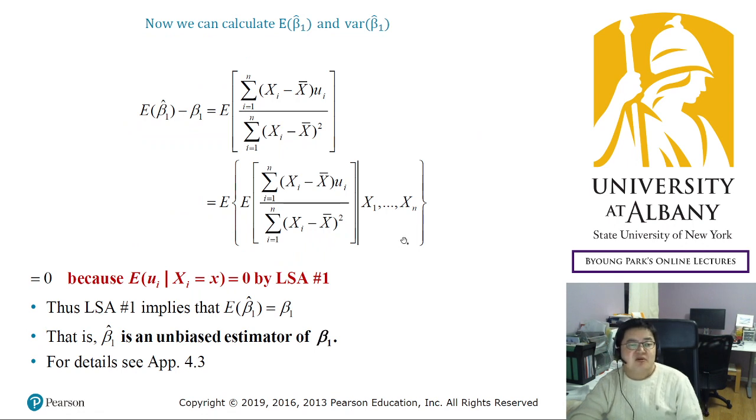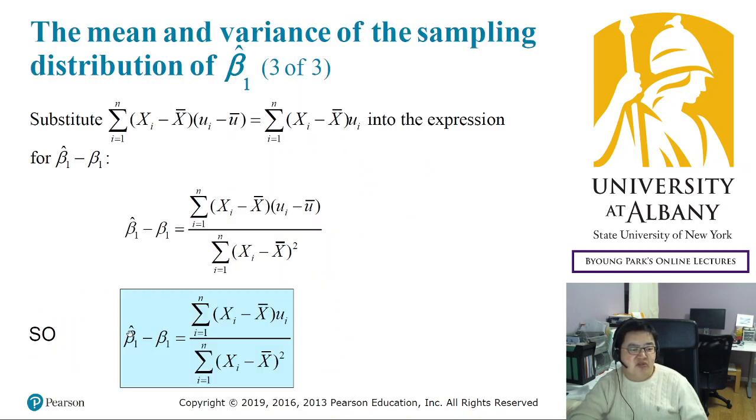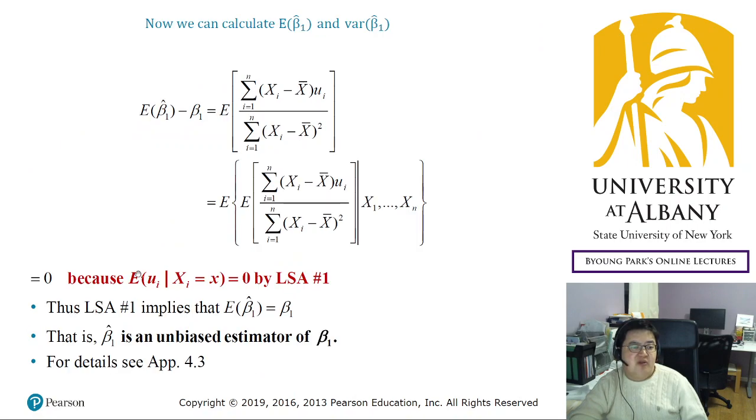First, we would like to calculate the mean of the estimator, the average of the estimation error. If you take the expectation on this, the key assumption we need is this: no matter what x is, your error term is always expectedly 0.